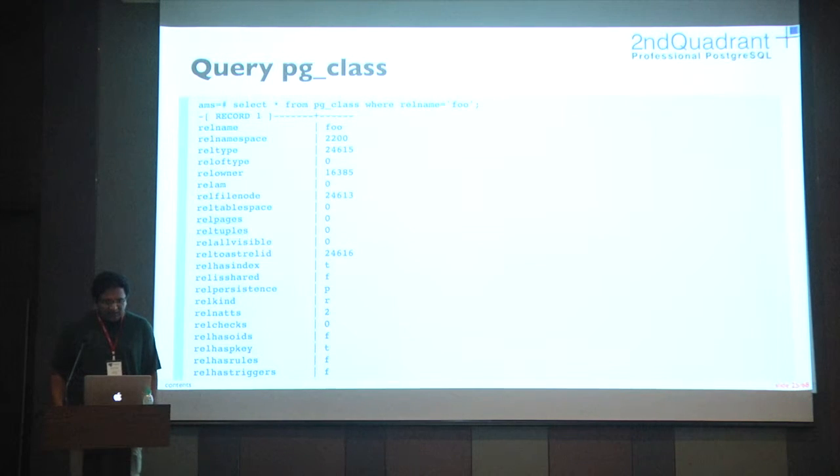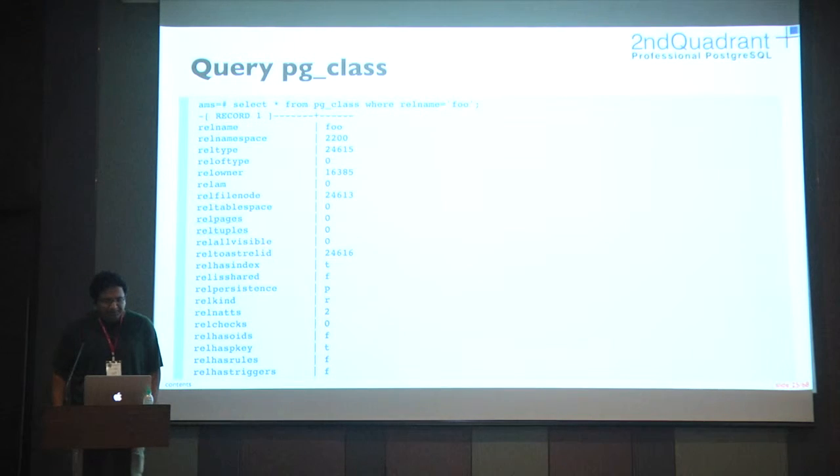Now, if I look at pg_class, which is an internal catalog table that contains an entry for every entity that we create in the database. So I ask pg_class about a table whose name is foo, or actually a relation whose name is foo, because pg_class also applies to indexes and other things.